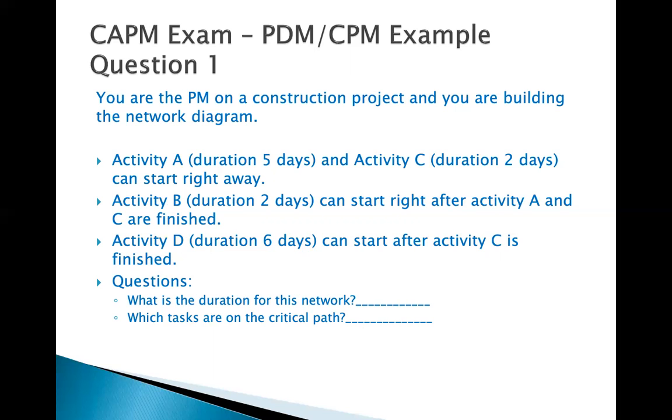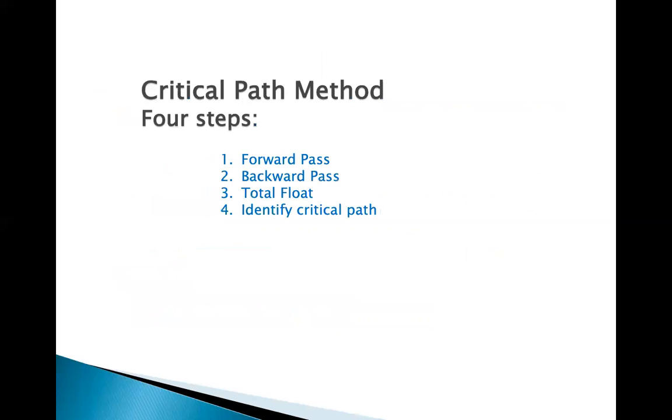So you have every single piece of information you need. This is the input that you need to create the diagram. The good news is that maybe you don't need to create a diagram. Maybe they will provide the diagram. So to start resolving this example, it's clear that we have 4 steps to calculate the critical path method.